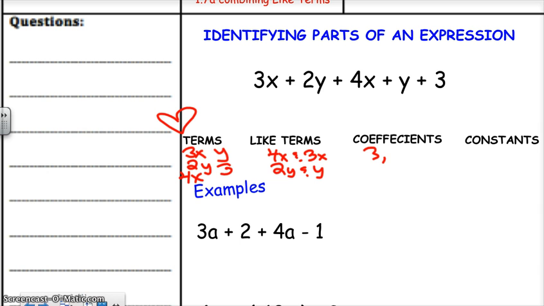Jacob? 2. Austin? 4. There's another one. What's this other one? Austin? 1. Yes, 1 times y. Exactly. And the constant. Which one is the constant? Which one has no letter sticking next to it? 3. There, we identified parts of an expression.